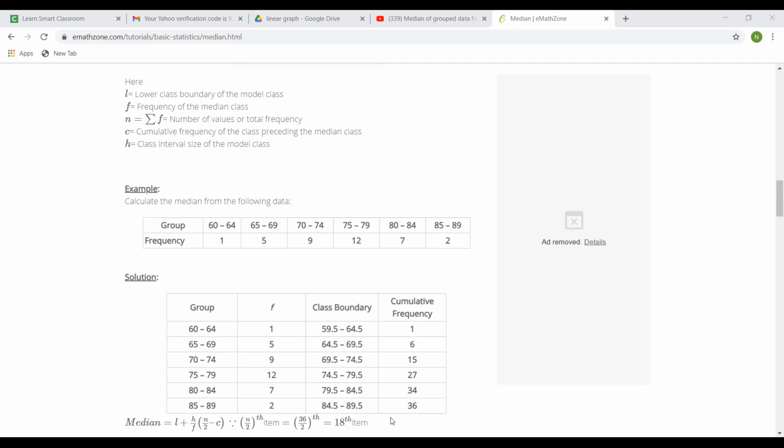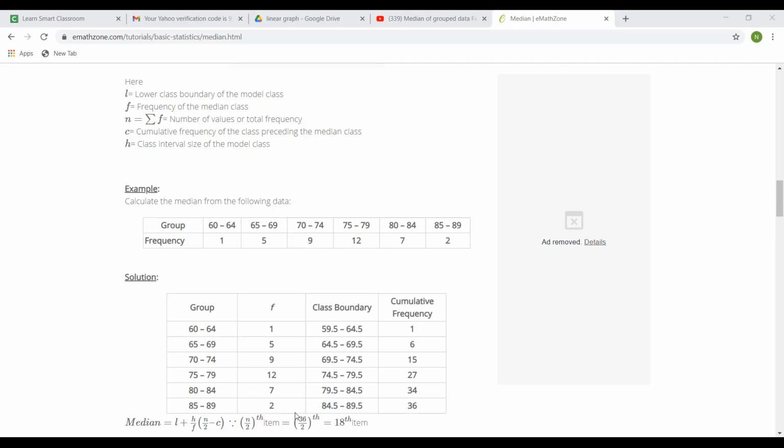So out of 36 values, 15 values are covered from 60 to 74, or we can say less than 74, 15 values are covered out of 36. And how many values are less than 79? 27 values are covered from 60 to 79.